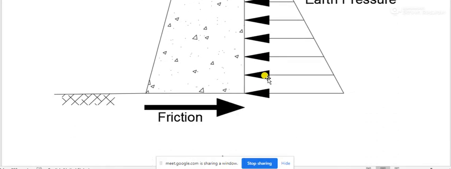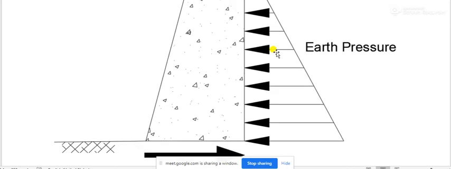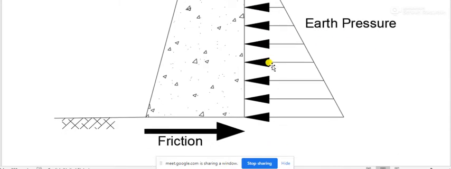As there is no movement, we consider this condition as equilibrium condition, and as the total thing is within the limit of elasticity, this at rest condition is in elastic equilibrium condition.